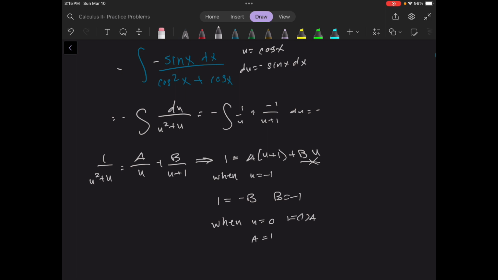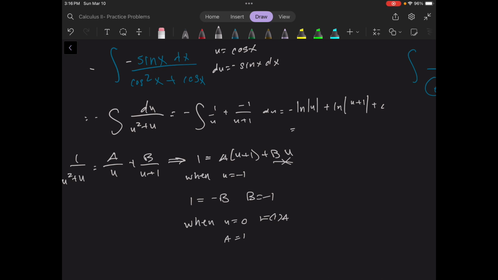So that's going to turn into negative natural log of the absolute value of u, and plus natural log of the absolute value of u plus 1, if you keep track of those negatives. Finally, we could condense this to be u plus 1 over u.